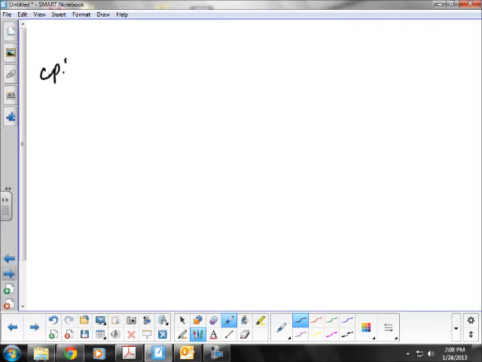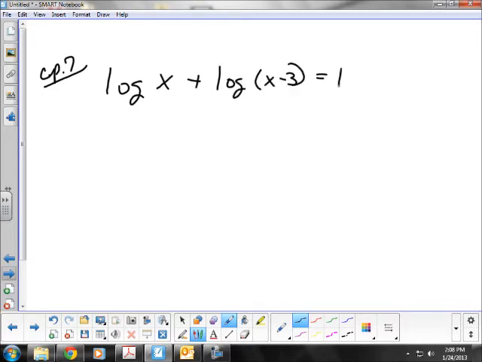Checkpoint 7 is the exact same idea. We just got to do a little bit more to this one because it says to solve this equation. It says the log of x plus the log of x minus 3 is equal to 1. We cannot do that definition idea until I have this so that it's just one log.